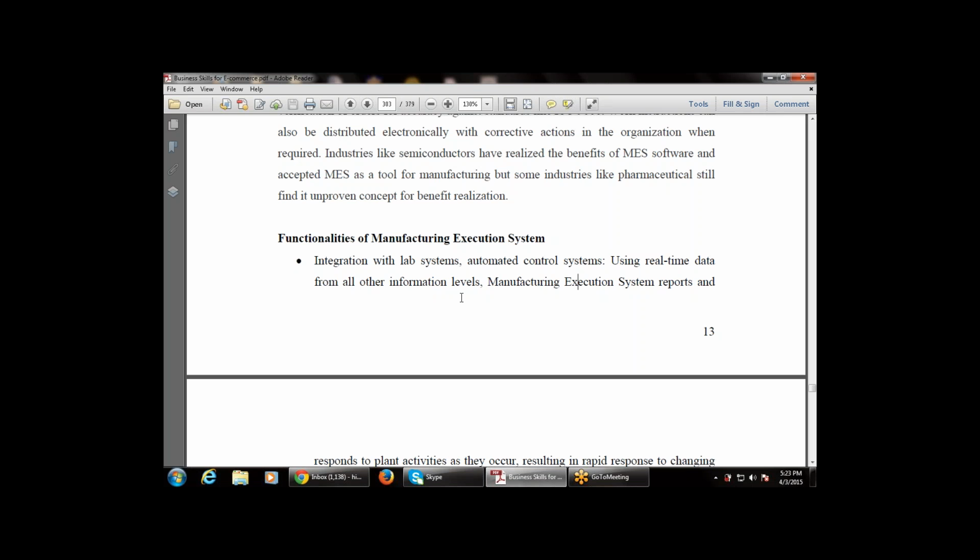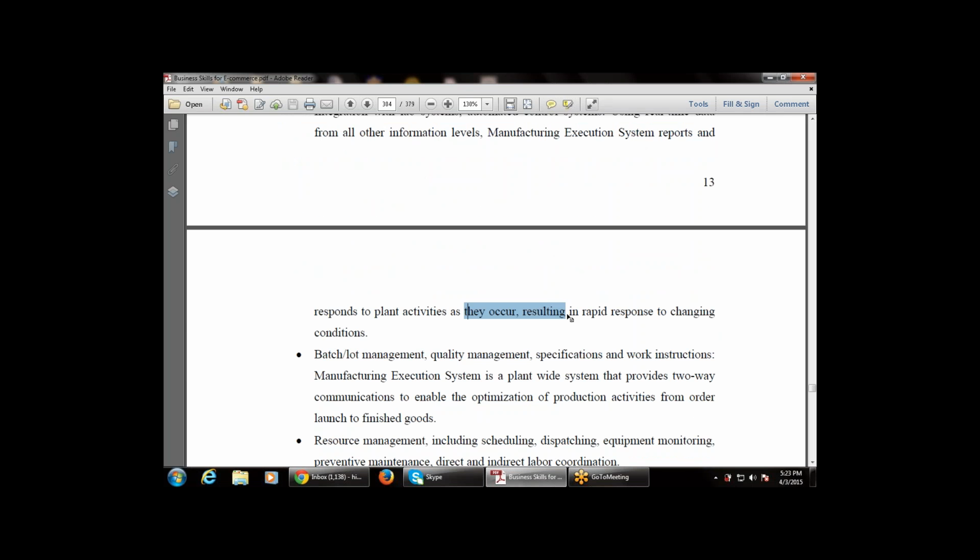Manufacturing execution system reports respond to plant activity as they occur, resulting in rapid response to changing conditions. So if there is any change in the condition, a quicker response is carried out by the MES. The next function provided by the MES is batch or lot management. That is, there is management of the products and services in a batch also.